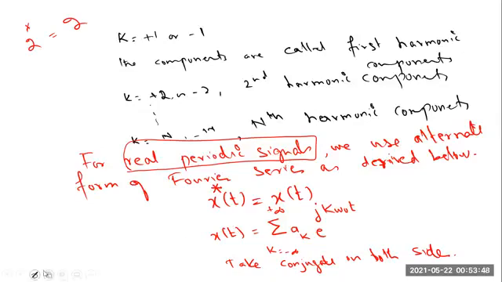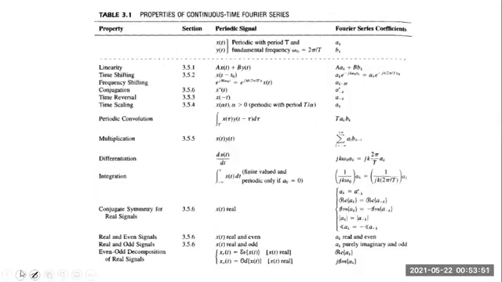On the left hand side, we will get x conjugate(t), and on the right hand side, a_k conjugate, and e^(+jkω0t) will become e^(−jkω0t). So by taking the complex conjugate on both sides, we will end up with this. Now, because x(t) is a real signal, x conjugate(t) can be replaced by x(t).